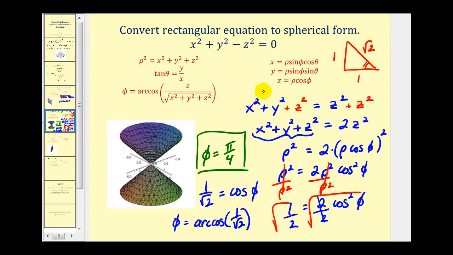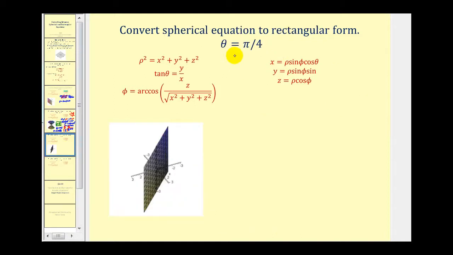Now let's take a look at a couple equations given in spherical form where we want to convert them to rectangular form. So this one's almost like the other one, but this one says theta is equal to pi over 4. So if we use this equation here, where we can replace theta with pi over 4, we have an equation that only contains y and x. So let's go ahead and try that.